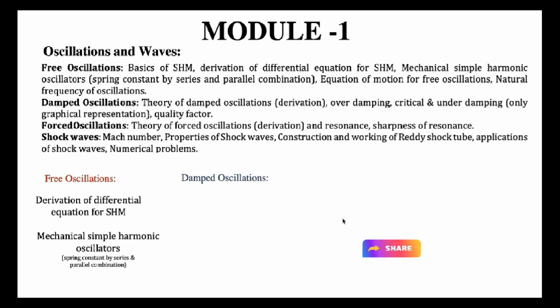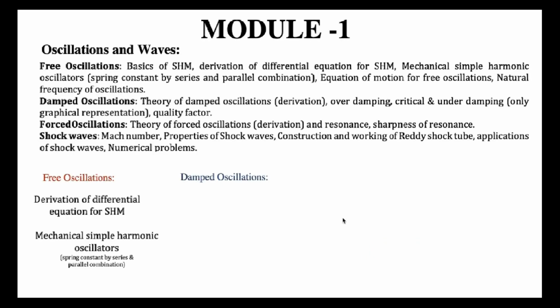Next is damped oscillation. In this chapter, you can get a straight away 10 marks question or 10 marks derivation, that is the theory of damped oscillation. This is an important concept in the damped oscillation chapter: a 10 marks or 8 marks derivation straight away.